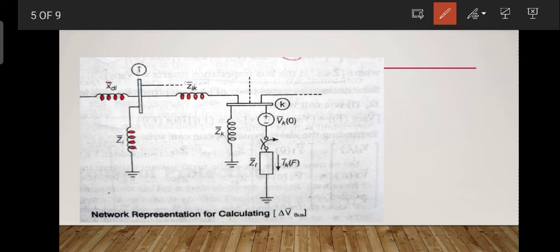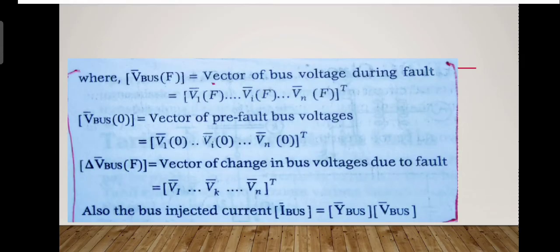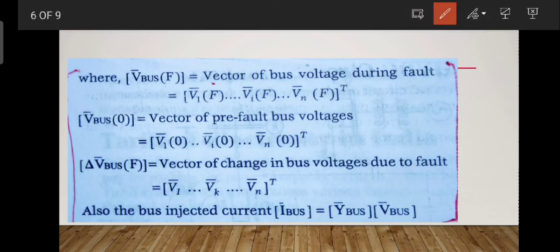Then coming to the next slide, where V bus fault is the vector of bus voltage during fault, equal to V1 fault, V2 fault to Vn fault with its transposition, and then V bus 0 is the vector of pre-fault bus voltage.